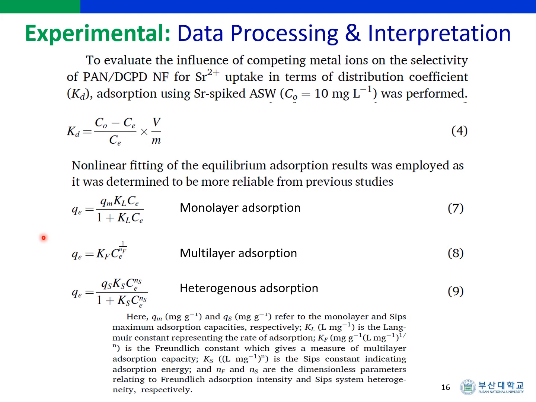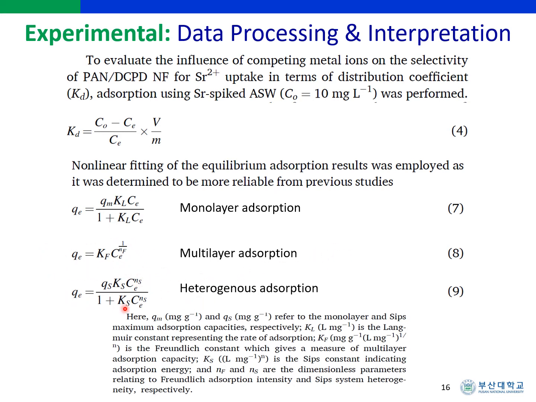The models for the equilibrium adsorption experiments were Langmuir, Freundlich, and Sips. I believe you are familiar with the Langmuir and Freundlich models. The Langmuir model describes a monolayer adsorption process, while the Freundlich model describes a multi-layer adsorption.